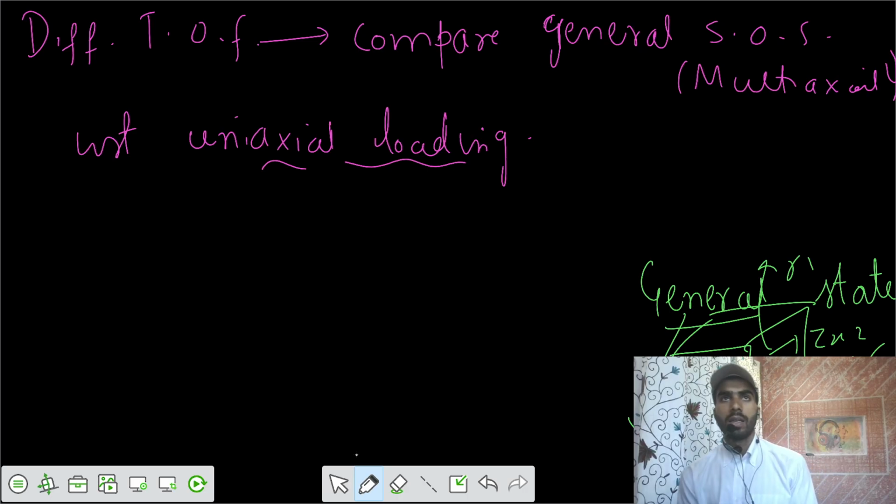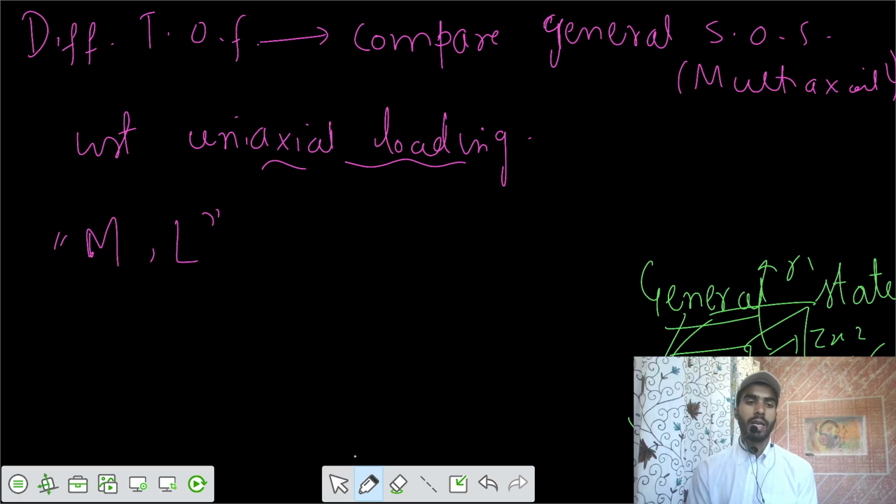Then the results are compared with the general state of stress the material has in the real application. So you select a material M and a particular loading L, and then you say which theory would give you conservative results.